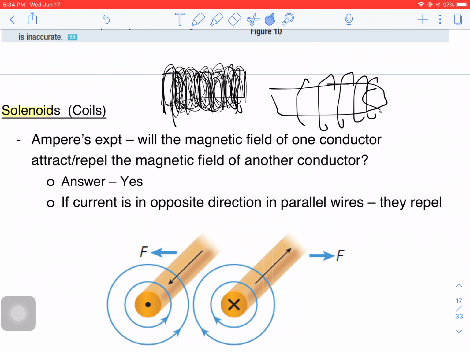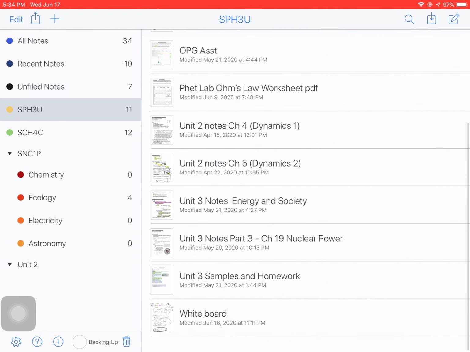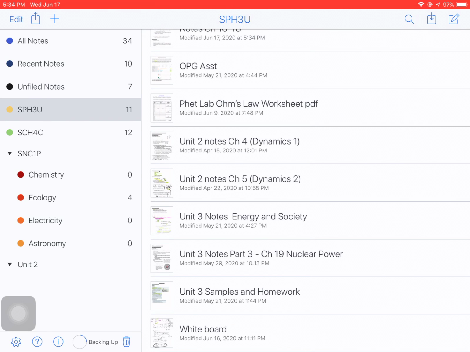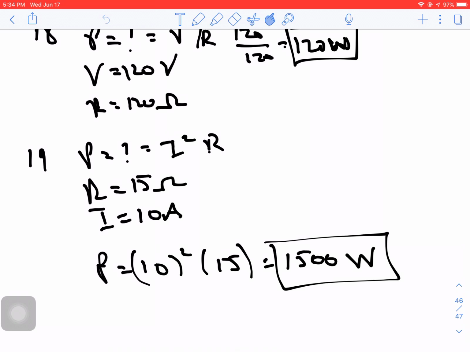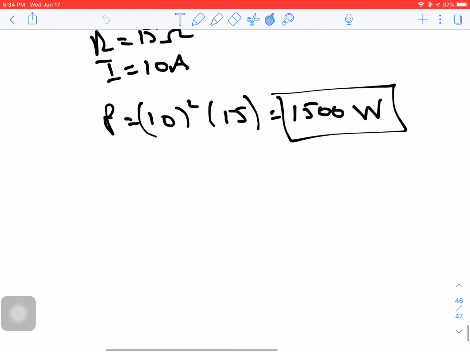If I take a loop of wire, I'm going to switch out of here onto my whiteboard for a minute. So here's my wire, and this is the direction for conventional flow. My hand goes so that I'm lying it flat on my iPad right now with my thumb pointing to the right, and I see that I actually have to go under.